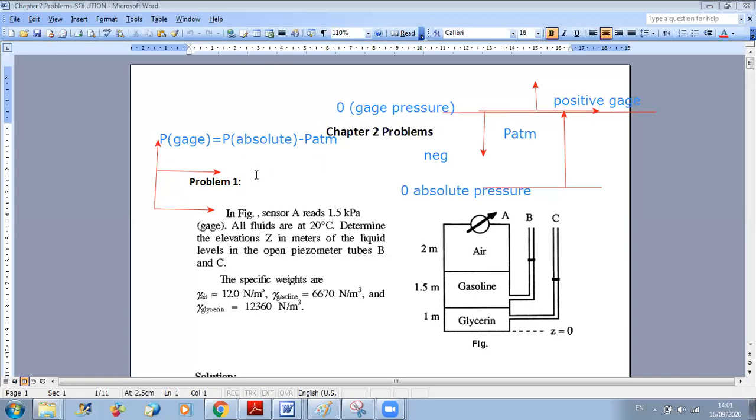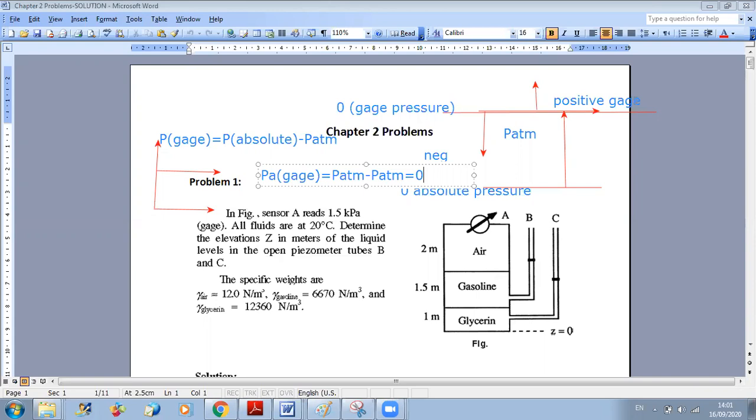We can write that P gauge of atmosphere is equal to P absolute minus P absolute of atmosphere. What is P absolute of atmosphere? It is P atmosphere minus P atmosphere, equals 0.